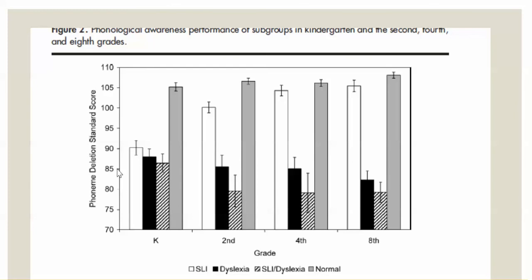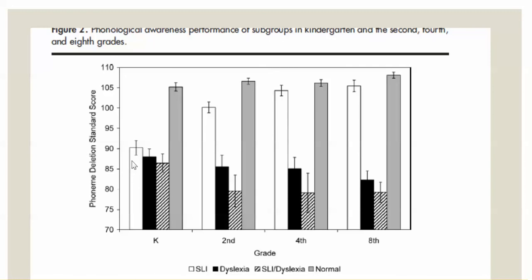If you remember, the mean is 100 with a range of 85 to 115 as normal, and 70 being 2 standard deviations below the mean. So here we have those kids at kindergarten, 2nd grade, 4th grade, 8th grade. The gray bars are normal. The black and white bars have comorbid SLI and dyslexia. The black bars have dyslexia and the white bars are SLI in isolation.